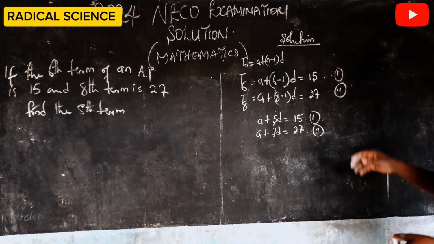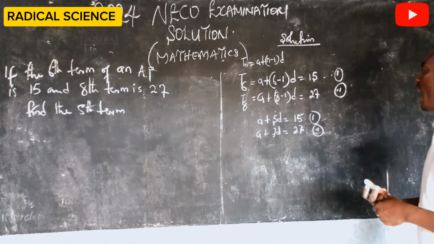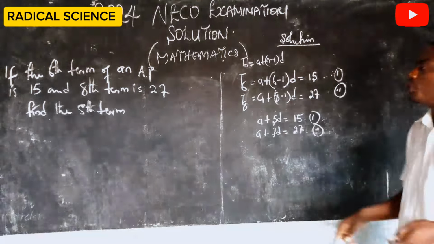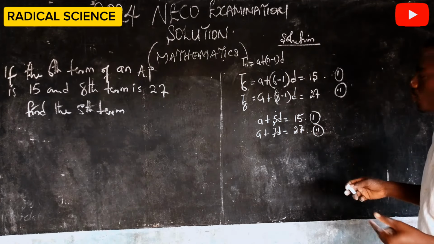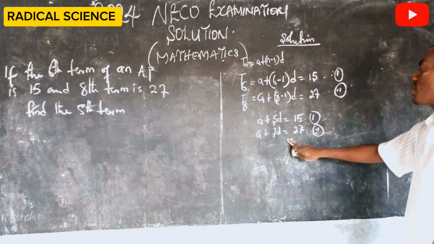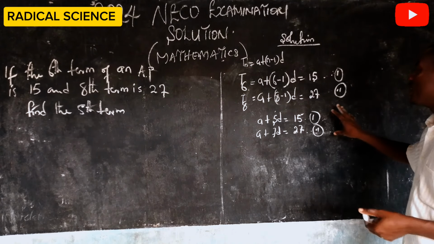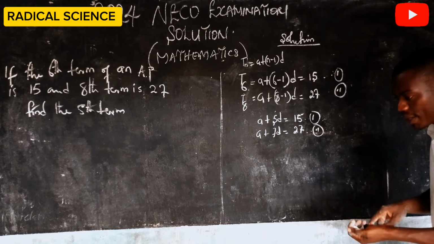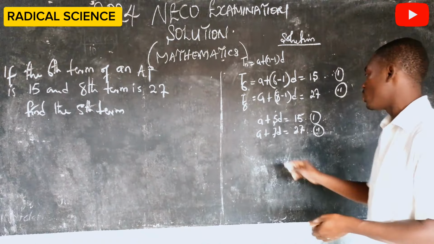Now we are going to find the value of our common difference. After finding the common difference, we get the first term before we are able to get the fifth term as we are told to. As usual, this is a simple simultaneous linear equation, and we have the substitution method and the elimination method, but we are going to use the elimination method to solve this.